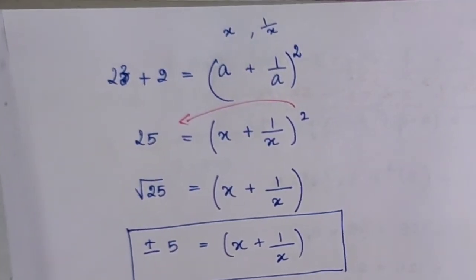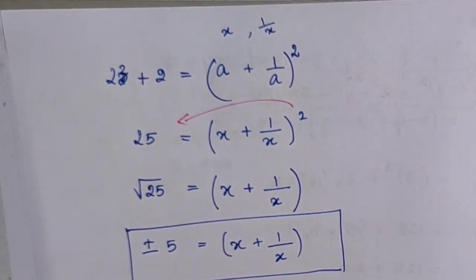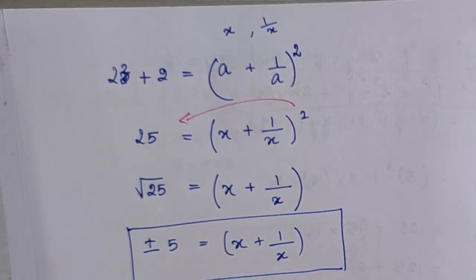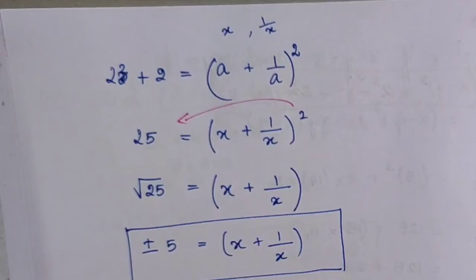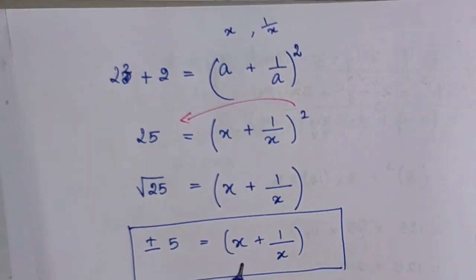Since it is given like square, we use the a plus b whole square formula and somehow try to find the value of x plus 1 by x. It is the only clue. By looking at the question itself, it is given like square, so you can use only the a plus b whole square formula and try to find the value of x plus 1 by x.